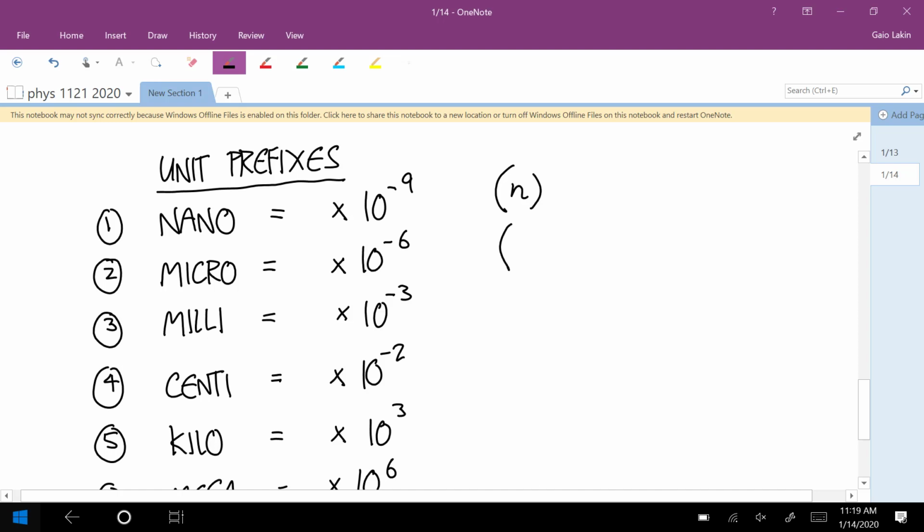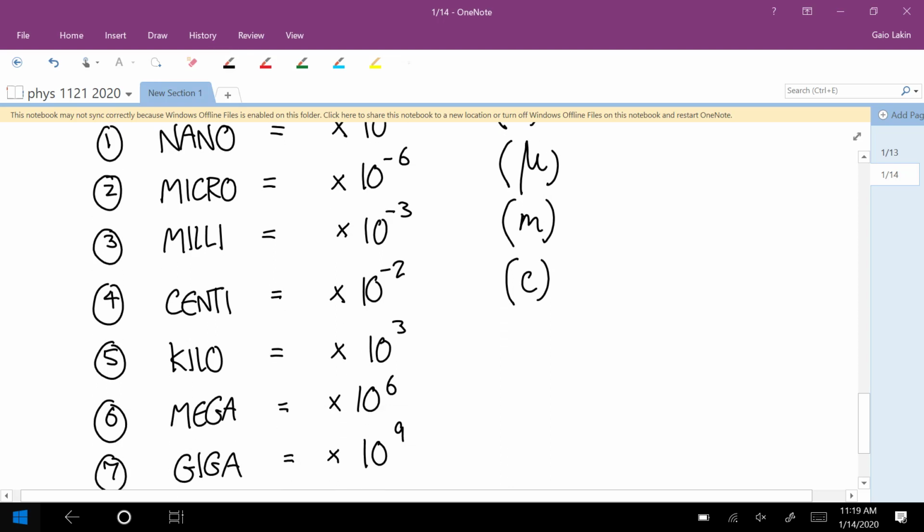Micro is represented with a Greek letter mu. Milli is a lowercase m. Centi is a lowercase c. Kilo is a lowercase k. Mega is an uppercase M. And giga is an uppercase G.